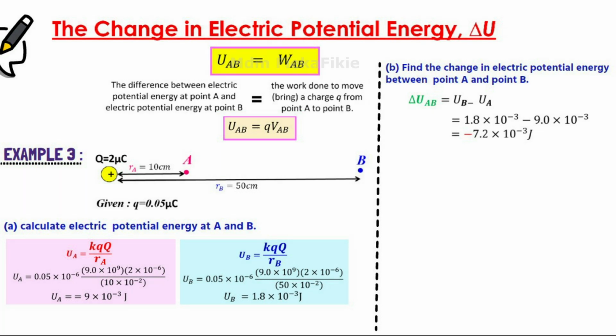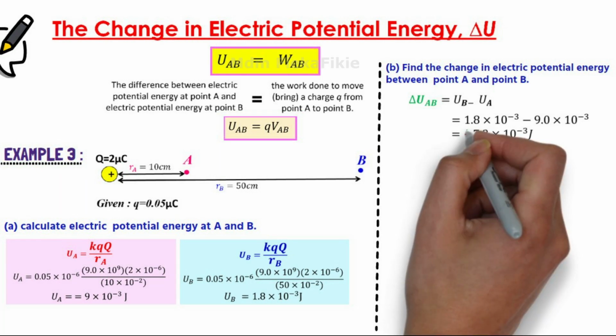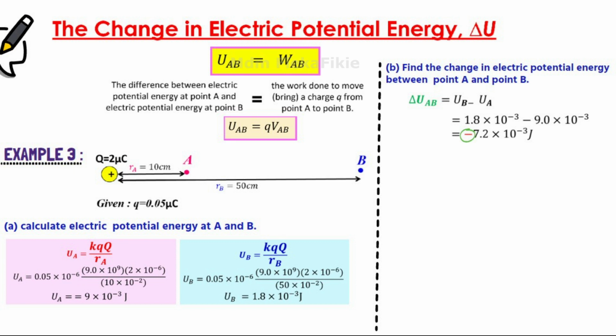So here we have negative sign. Remember, the negative sign means that the work done by the system, which is by the electric force, in order to move Q from point A to point B. So disebabkan kita punya test charge kita ni adalah positive test charge, jadi kalau kita nak gerakkan the test charge daripada point A pergi ke point B, tak susahlah sebab positif.